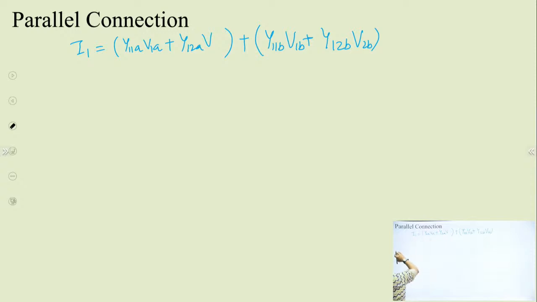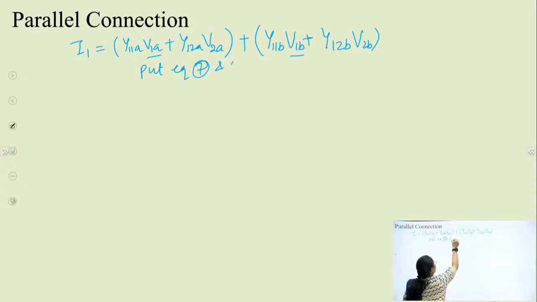I am correcting it, this is V2A. Let us take the same equation first. So I am putting the value of V1A which is equal to V1B which is equal to V1, right. So we can put equation number 7 and 8 in the above equation, okay.